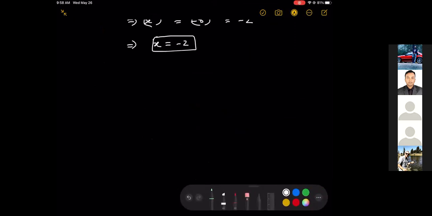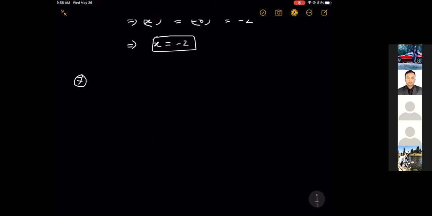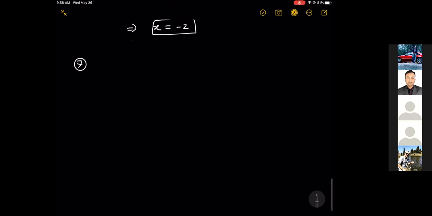So for 7, we had, let me write it for you again so that you can eyeball the entire screen. It's the root. Okay, so this is the root law, number 7.